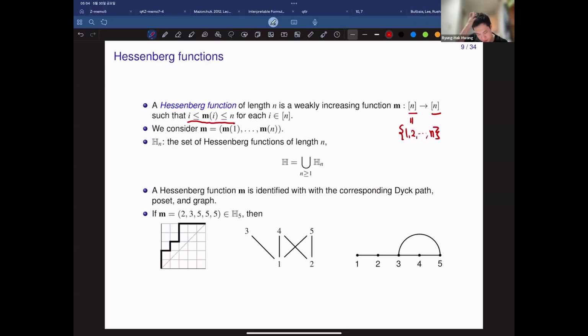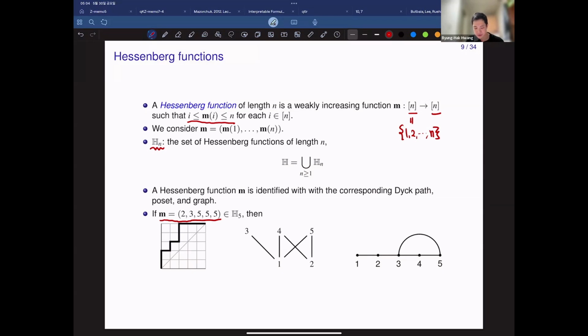For example, the sequence 2, 3, 5, 5, 5 is one of the Hessenberg functions. We denote by H sub n the set of Hessenberg functions of length n.